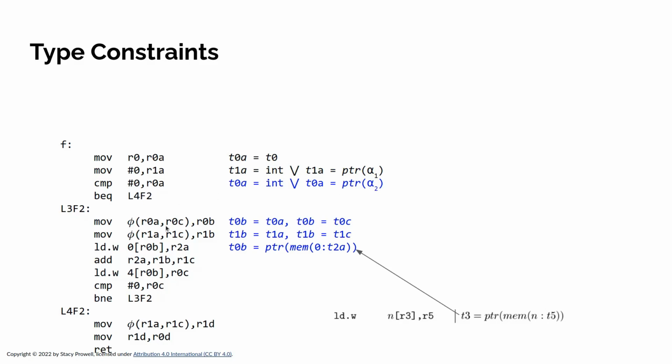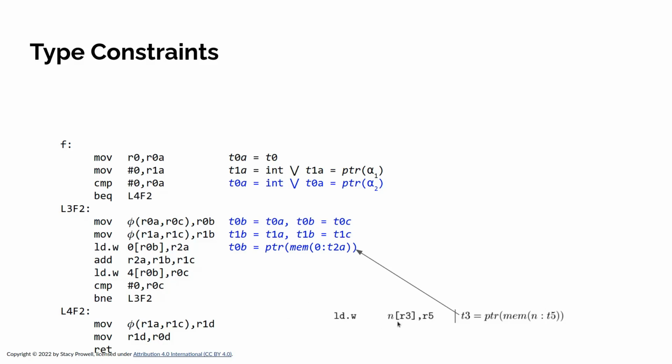Down here, I've got these moves. So I have two possible moves. Maybe I'm moving A into B, or maybe I'm moving C into B. It could be either one of those. Same thing here. Down here, though, I have a memory expression. And so when we look down at this table, we find load word. We match it all up.